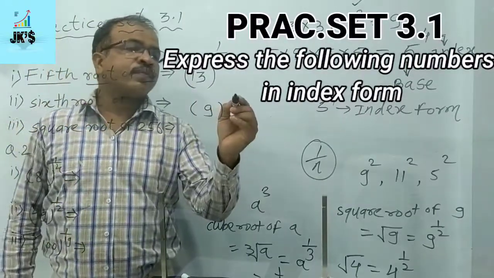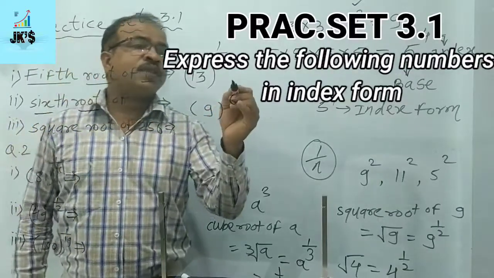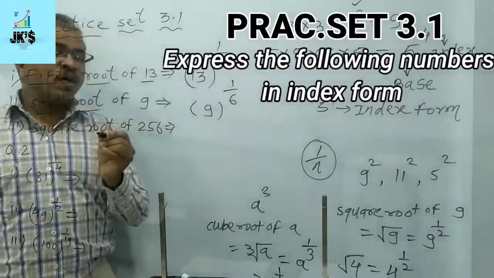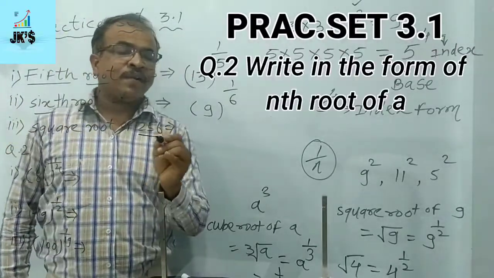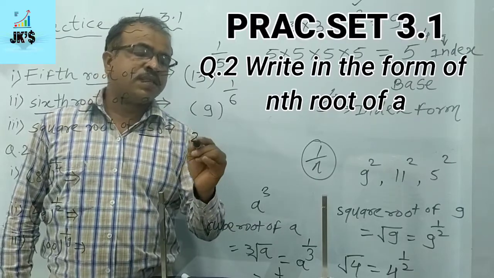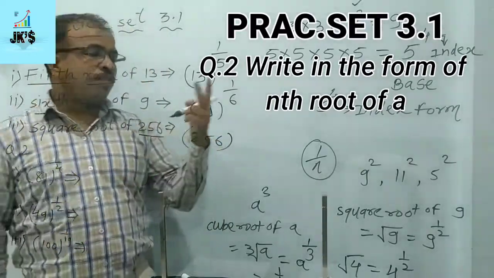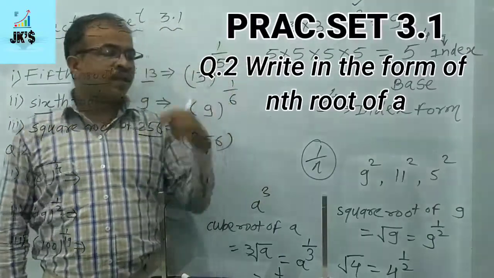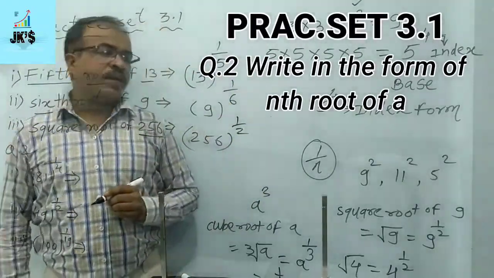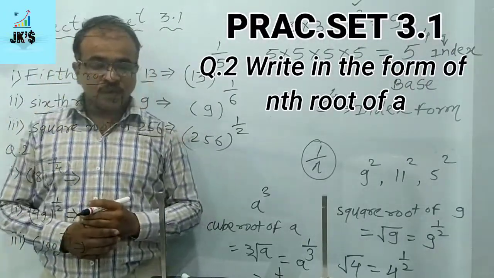Sixth. 6, but it is root, so this 6 is taken as 1 by 6. Square root of 256. Square means index is 2 and root is 1 by 2. Now question number 2.